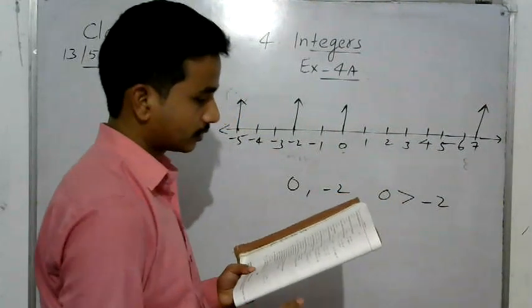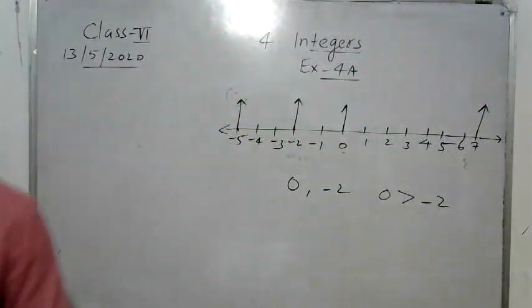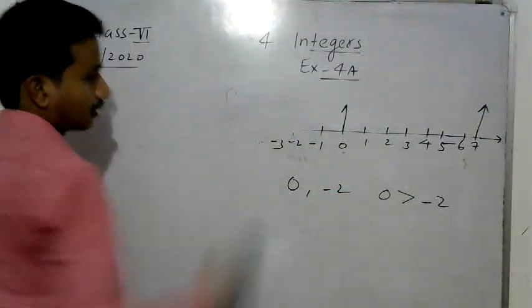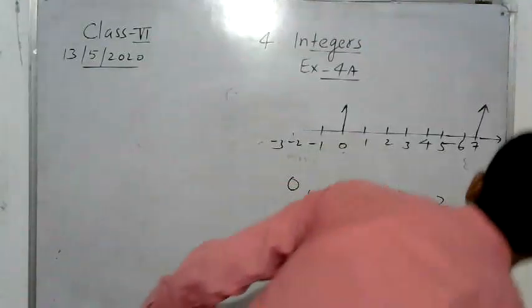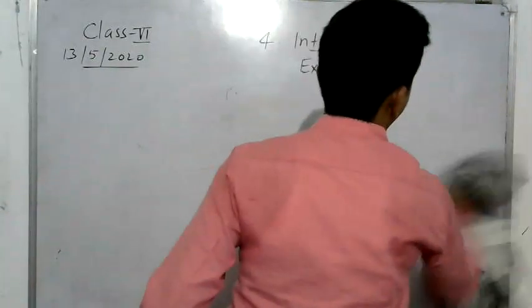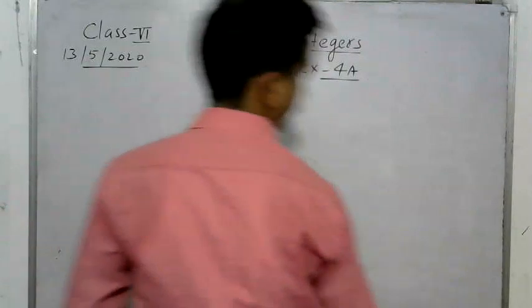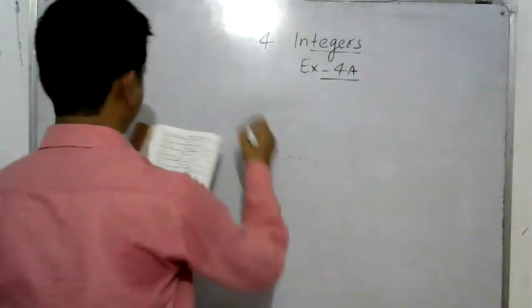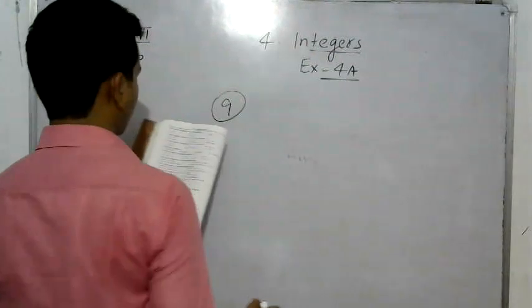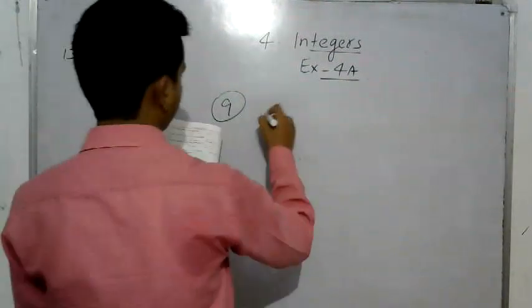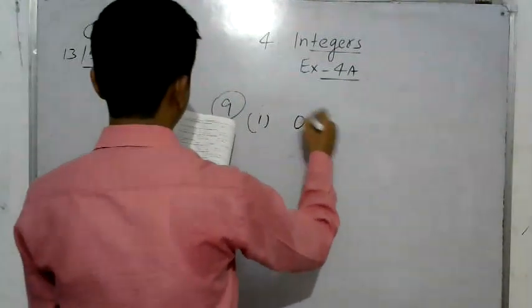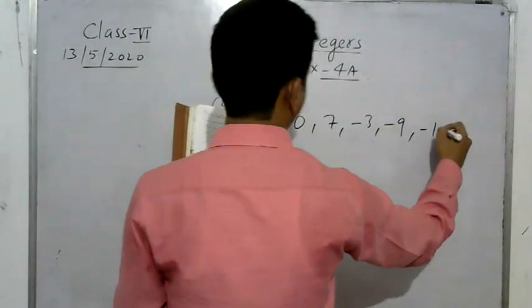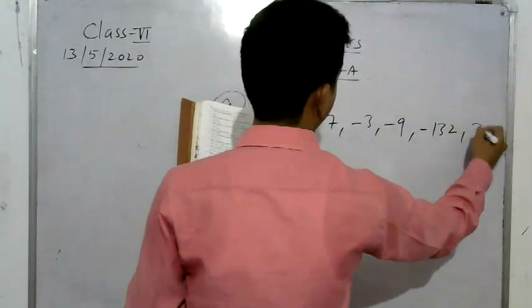Now see question number 9. You have to arrange the following integers, part first: 0, 7, -3, -9, -132 and 36.